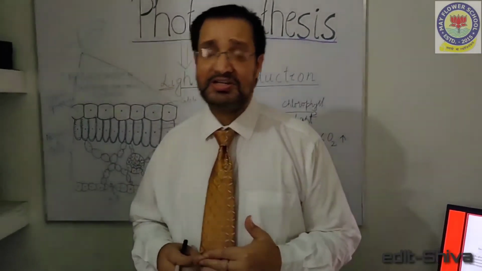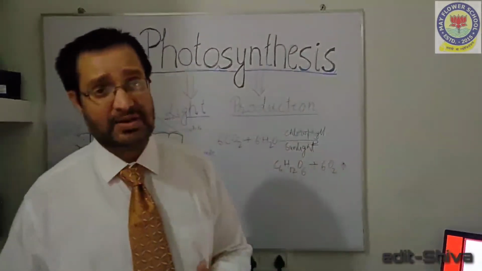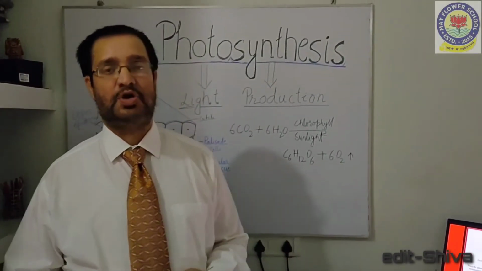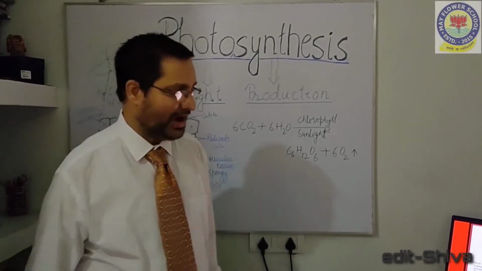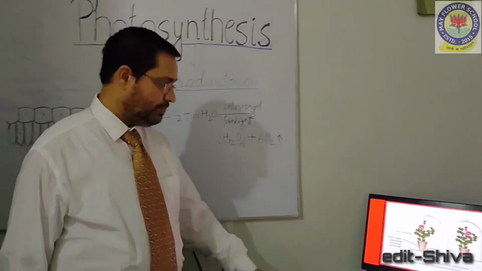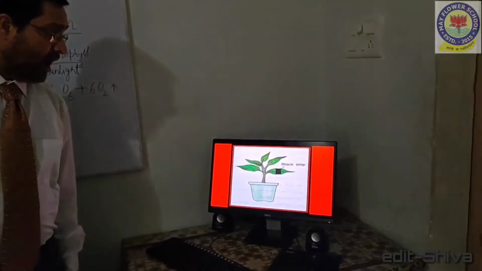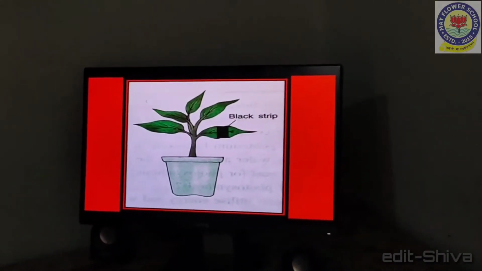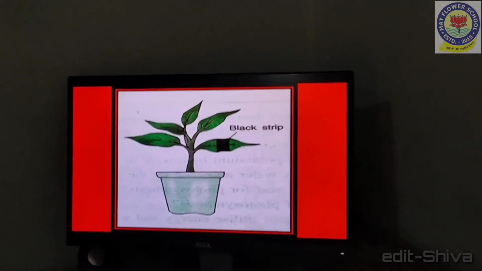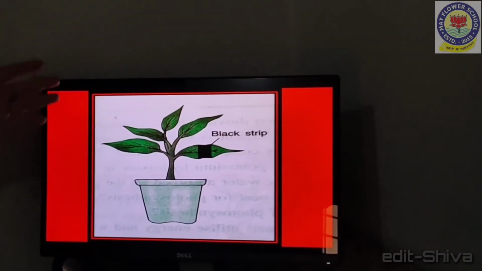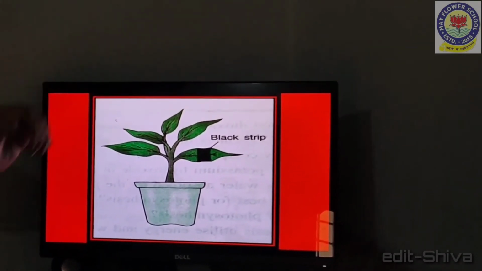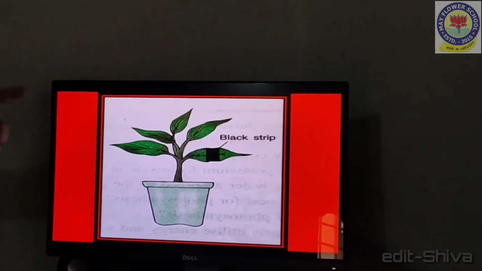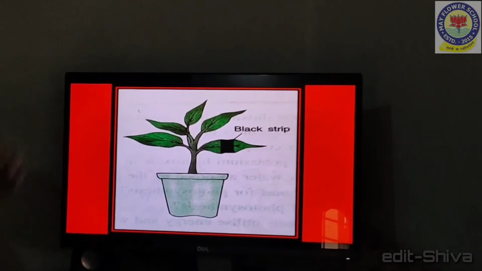After that, we will discuss another activity which shows that sunlight is essential for photosynthesis. For that, we will take potted plants having broader leaves and put them in a dark room for de-starchation. It means that during this process, the starch present in the leaves gets used up.